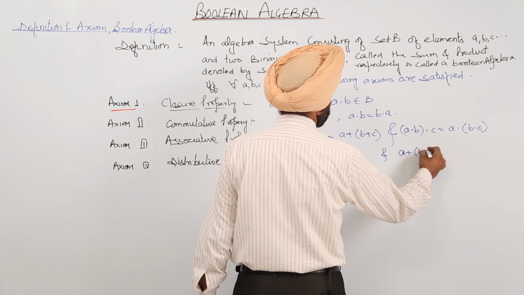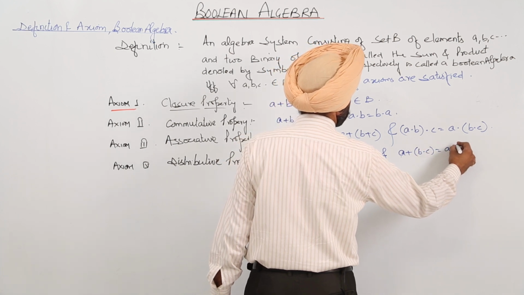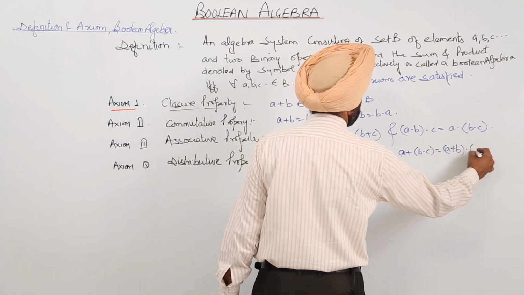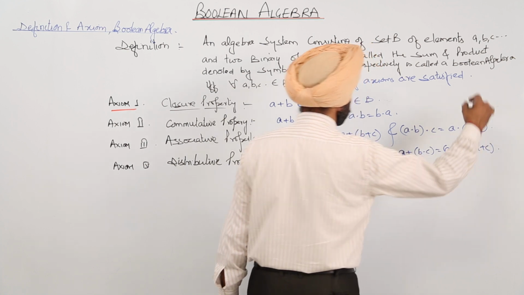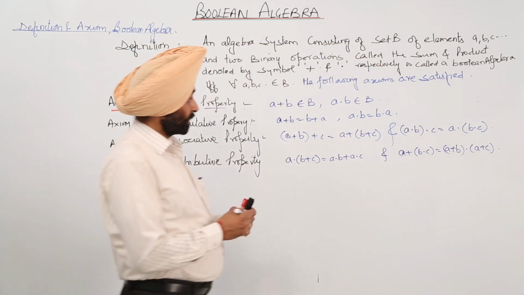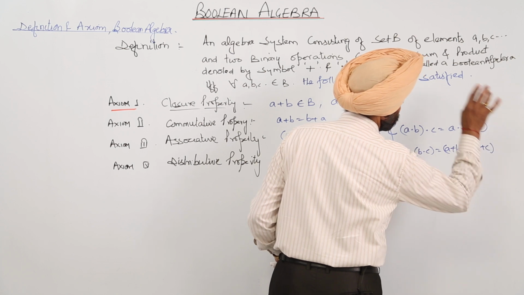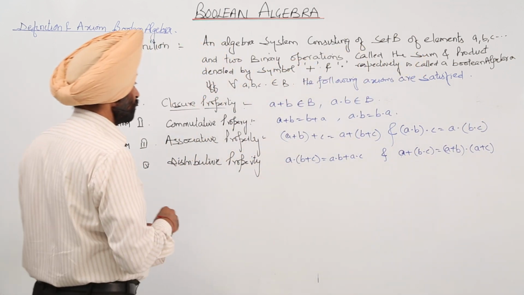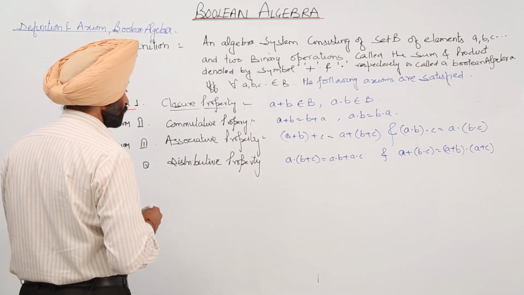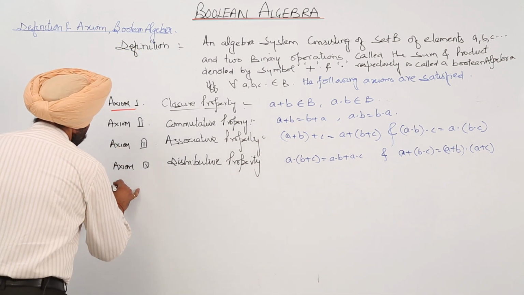A plus (B dot C) is equal to (A plus B) dot (A plus C). So, this is the distributive part. There can be a confusion. Okay.